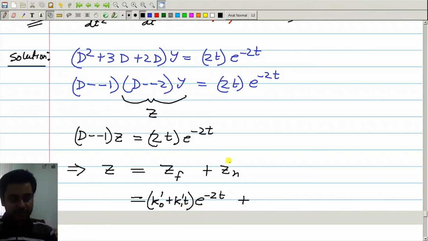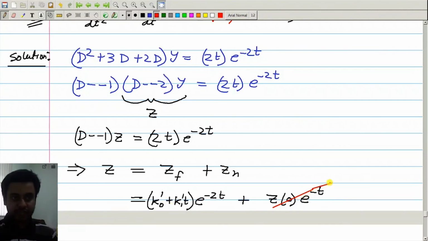And then this term will be of this form, but as before we will ignore this because we want any one solution without bothering about the initial conditions.